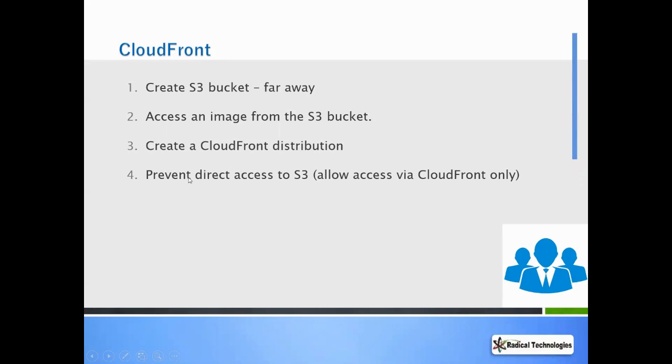Now we will block that access and allow via CloudFront only. So all the requests from your laptop to that image will go to CloudFront. Access the image via CloudFront, and finally delete the CloudFront.